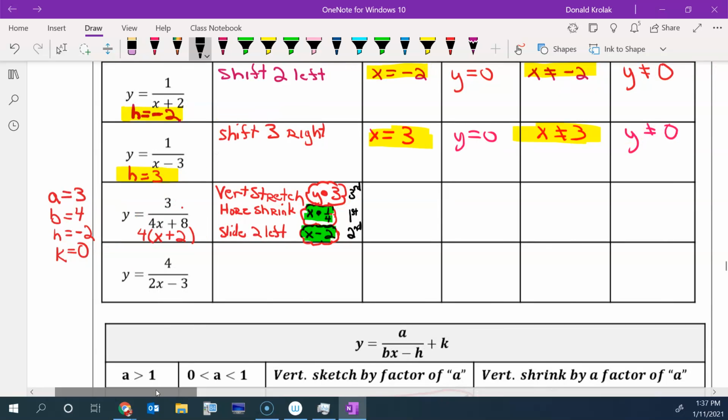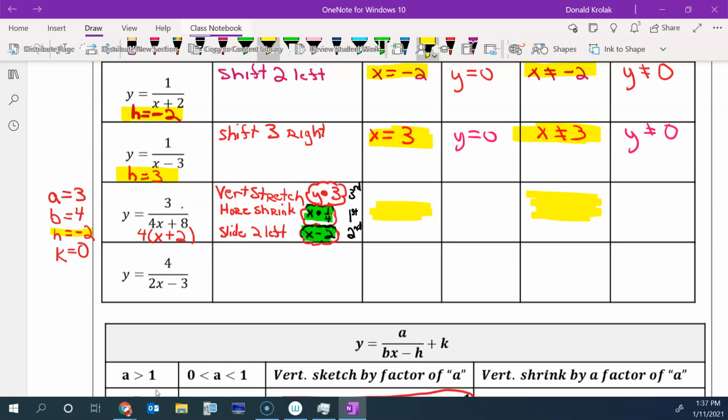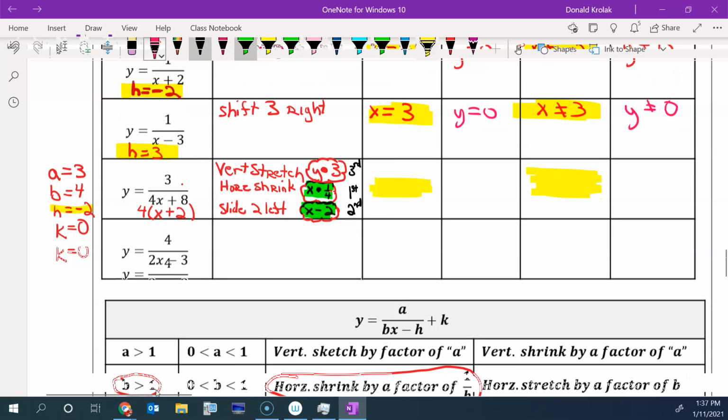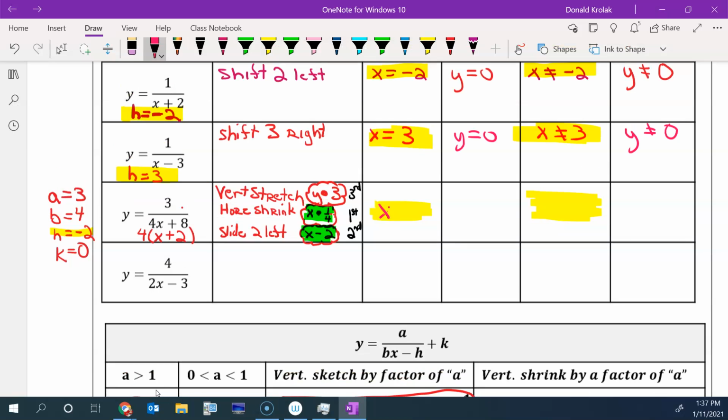All right, and then we know our h affects these 2 things, and our k value affects the horizontals. So fill this in. -2.